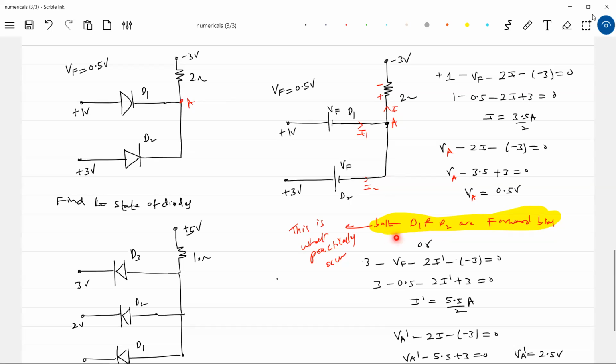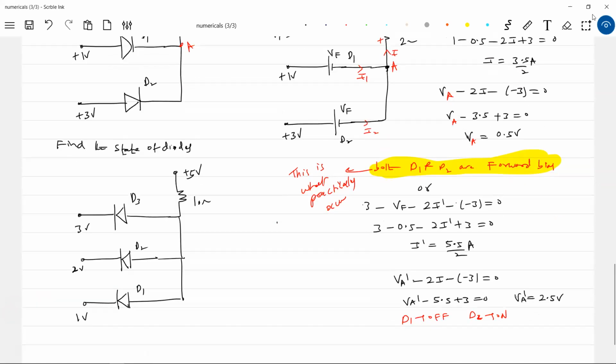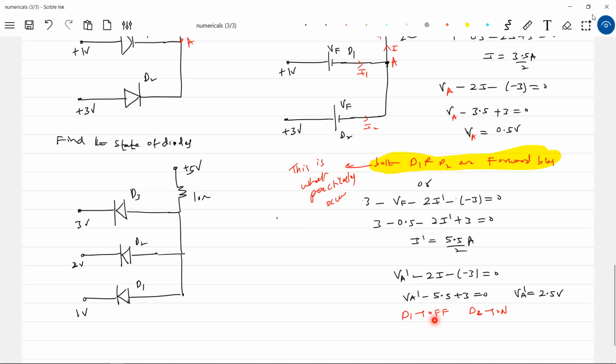Sir, how do I come to know? That's what the comparison is, what you have to do. See, it's better to think logically rather than fighting with any concept here.